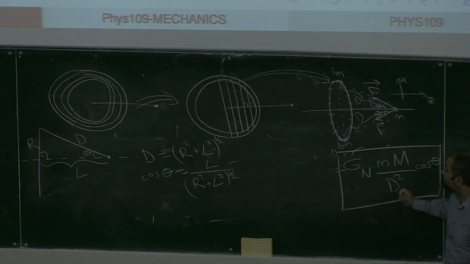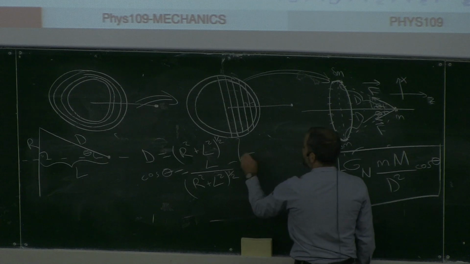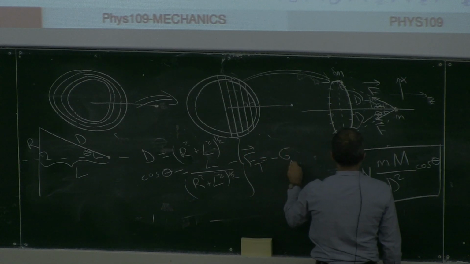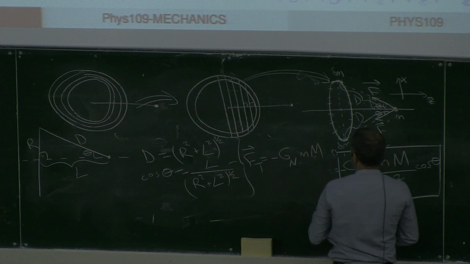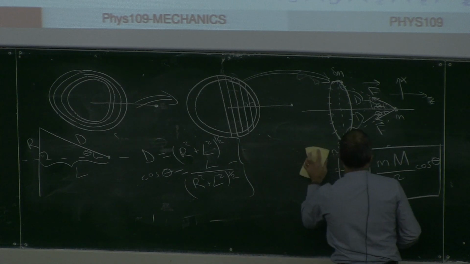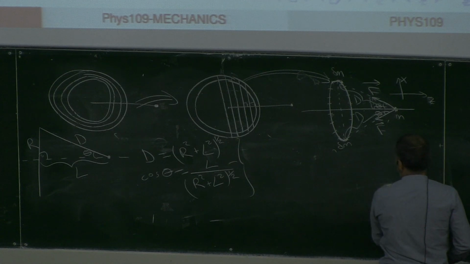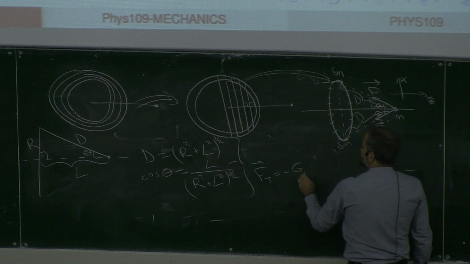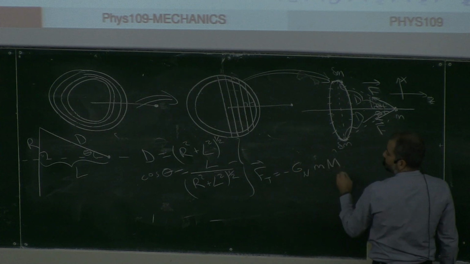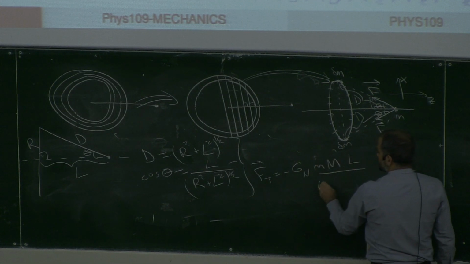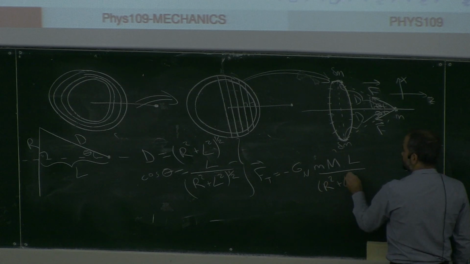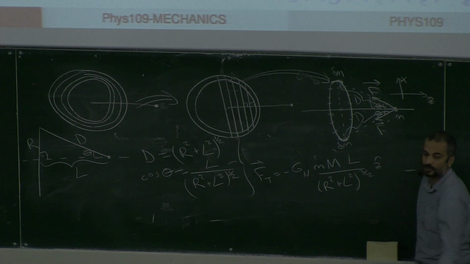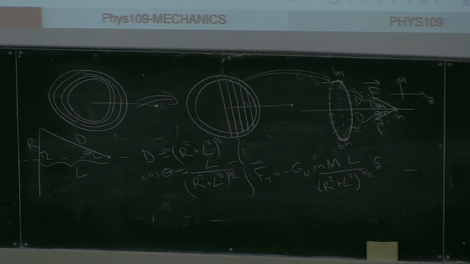If I just substitute them over here, I know that the total force acting on my mass is minus Newton's constant, capital M, L over R squared plus L squared to the power 3/2 in the z-hat direction. This is the total force acting on my mass.